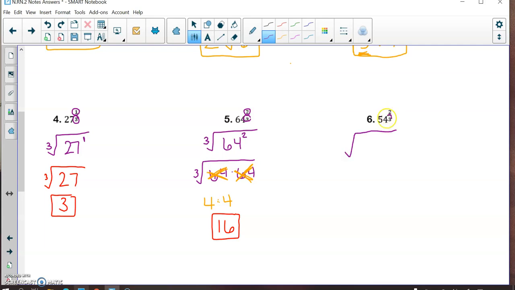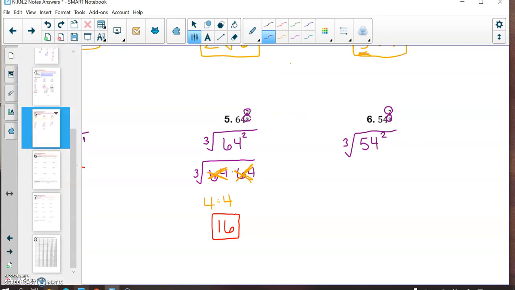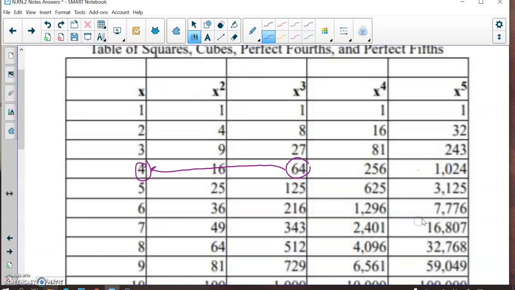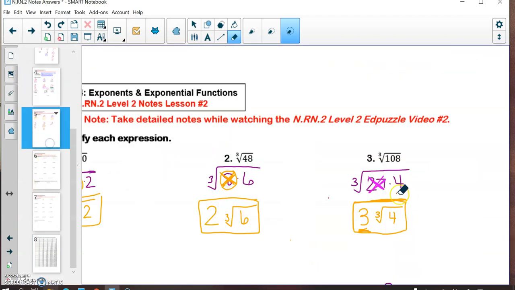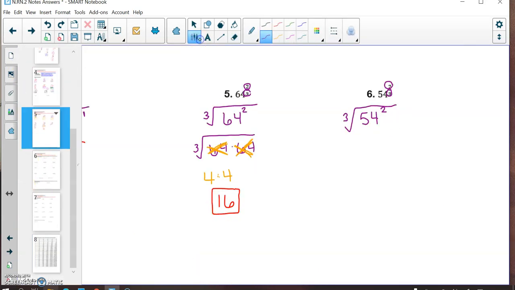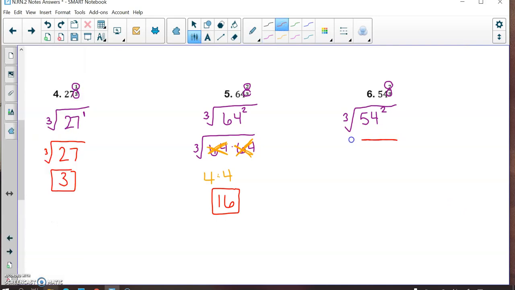All right, and then the last problem that we're doing for cubed root right now is going to be the cubed root of 54 squared. Actually, I'm going to go back to the notes for a moment, because I'm going to rewrite this to show you guys that this is really the same thing as the cubed root of 54 times 54.